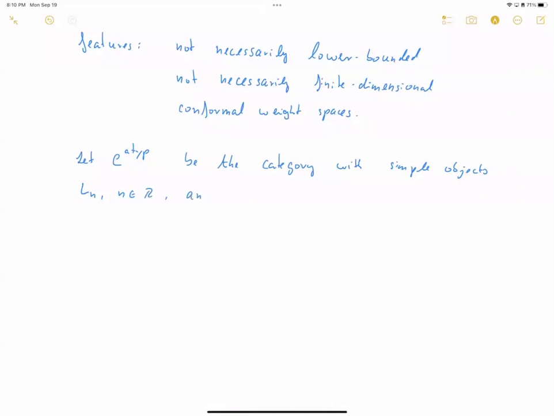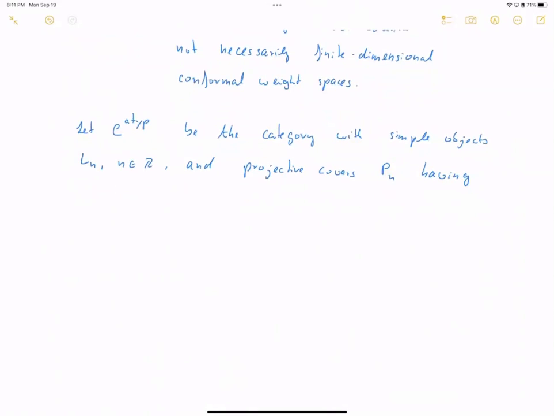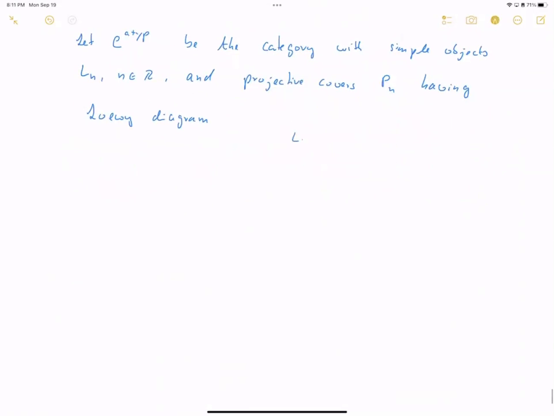And these simple objects have projective covers Pn, and they are best described by a Loewy diagram of this type. They are also injective hulls. So this means this projective cover of the simple module Ln has the simple module Ln as submodule.